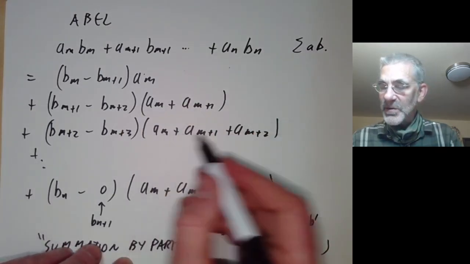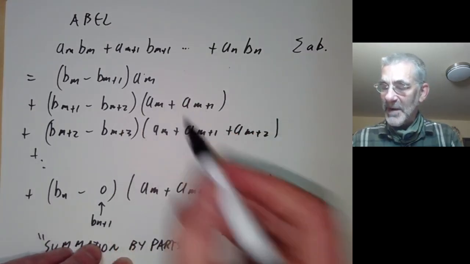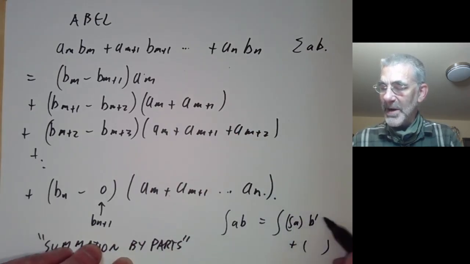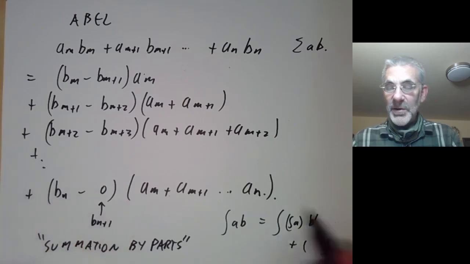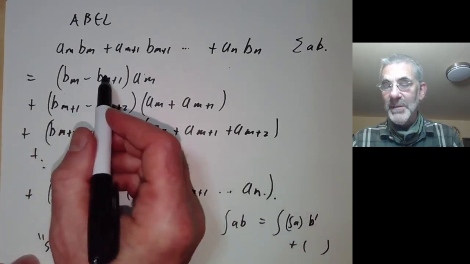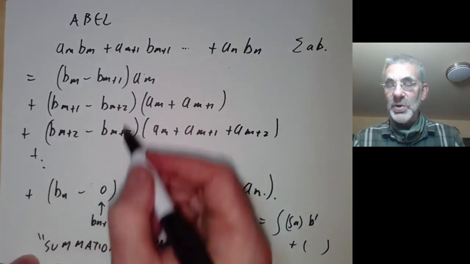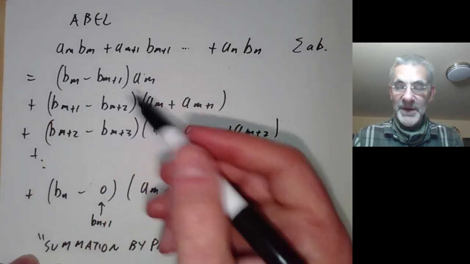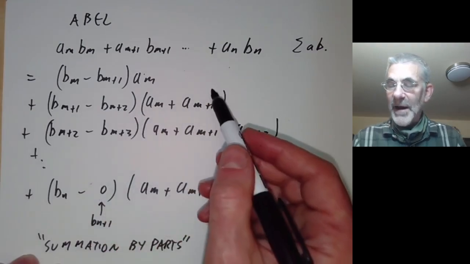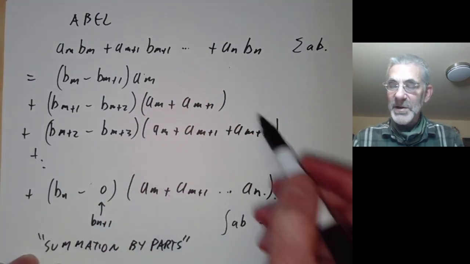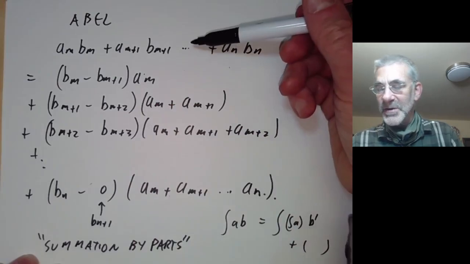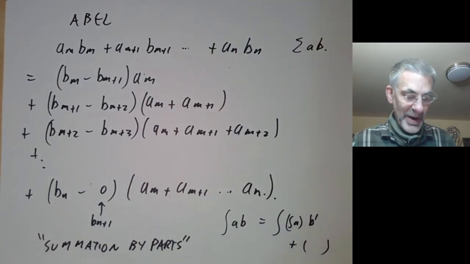These bits are sums of the a, so they correspond to the sum bit. And the derivative of b, if you're doing it discretely, corresponds to a difference between two elements of b. So the terms here should be thought of as a sort of derivative of b, or a difference, and these should be thought of as a sort of integral of the a's. And then this is a sort of analogue of integration by parts.